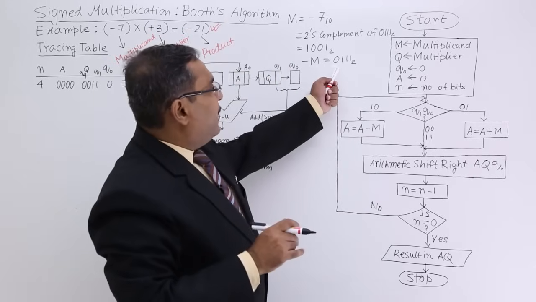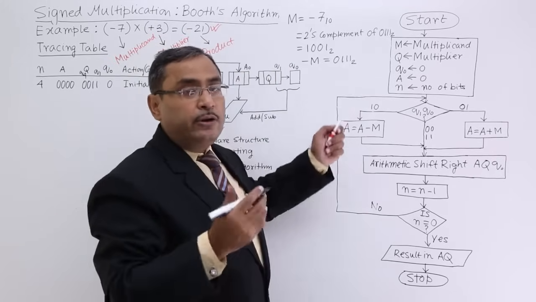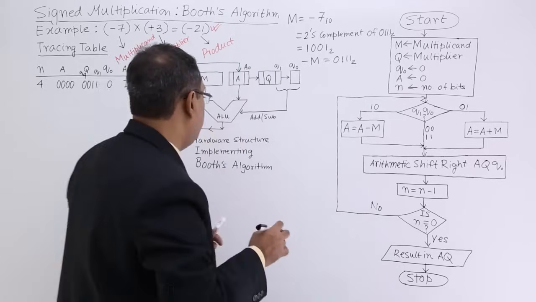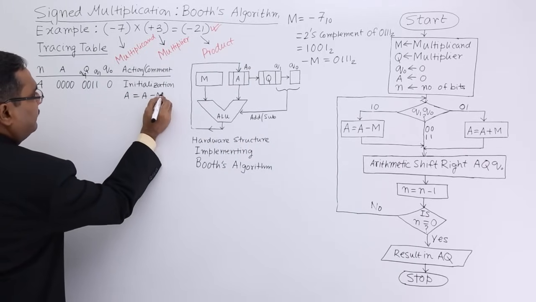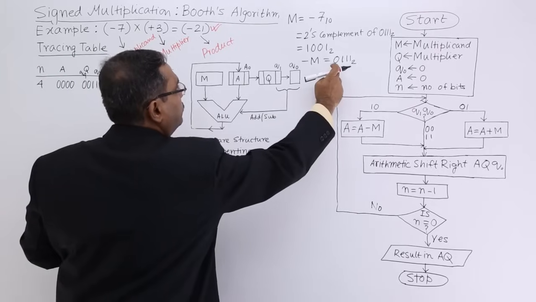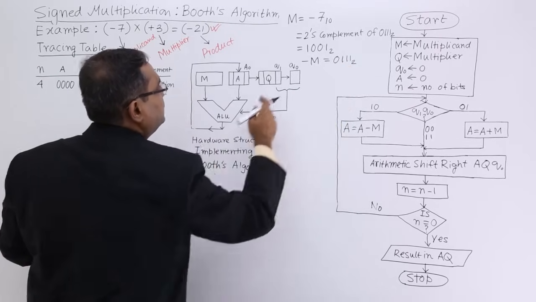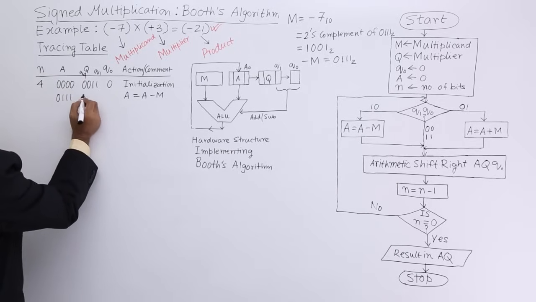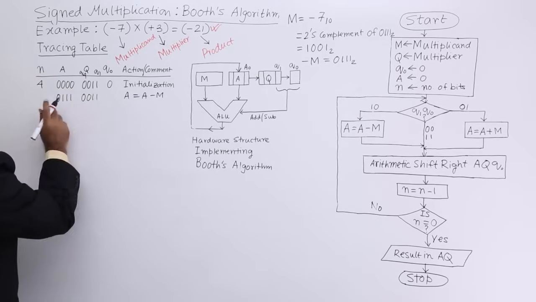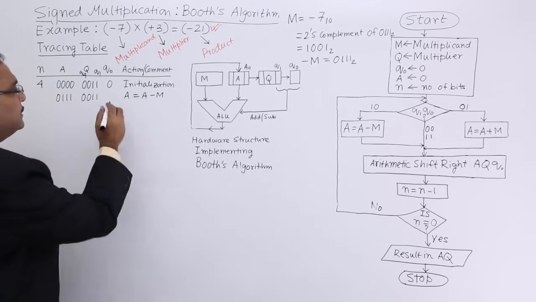So, I can add this -M to A, and that will denote A equal to A minus M. So, my next step is A equal to A minus M, and this -M value is 0 1 1 1. So, 0 1 1 1 will be added to this accumulator, and the rest of the bits will keep their old values.